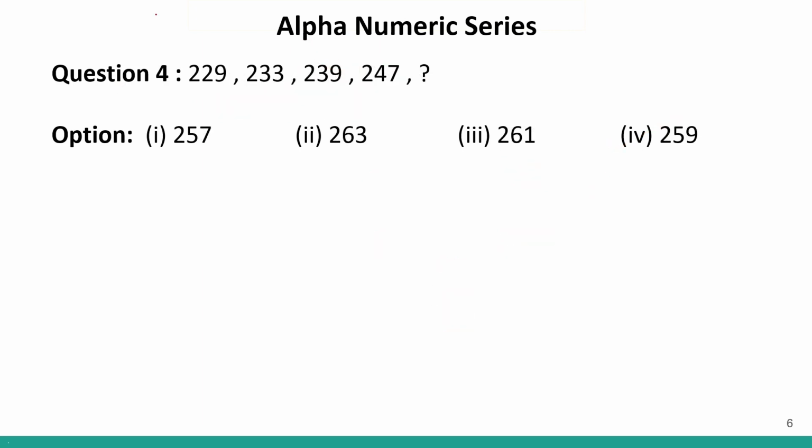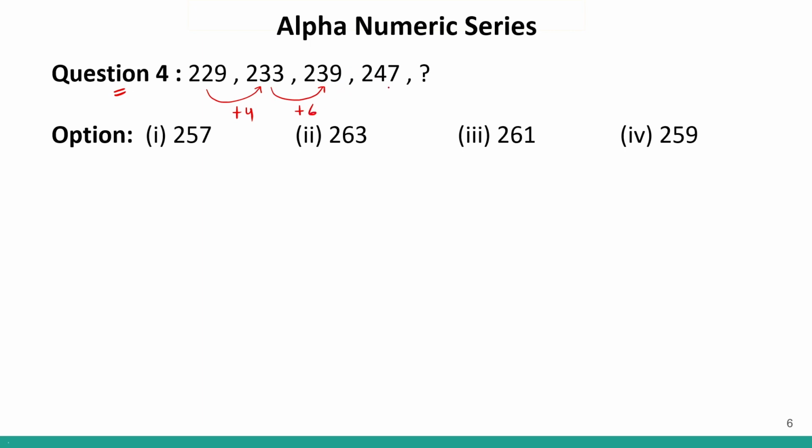Clear? Coming to question number 4. We have 229, 233, 239, 247. These numbers are very near to each other. So let us see. 229 and 233, basically this is an addition of 4. Correct? And from 233 to 239, this is an addition of 6.